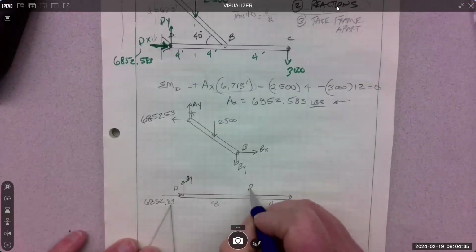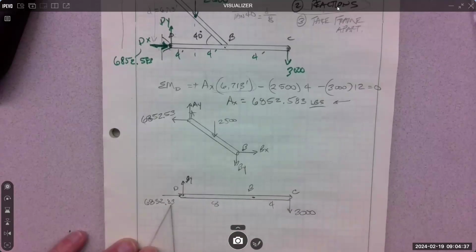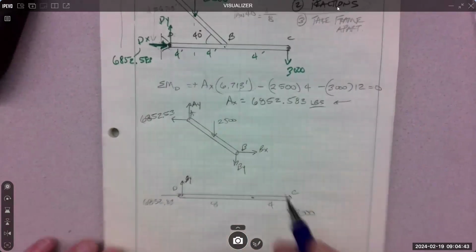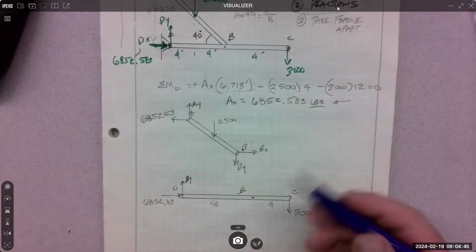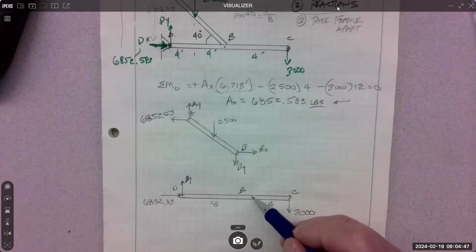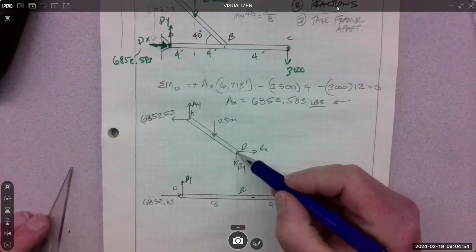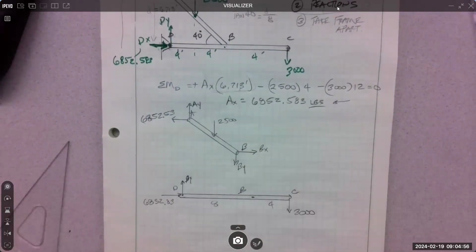This is point B, this is point C, right? My notation, boom. Now, when I put the forces in for B, it's a pin, so it gets 2. And it needs to be opposite of the other point B, so when the point B's come back together, they're in equilibrium.